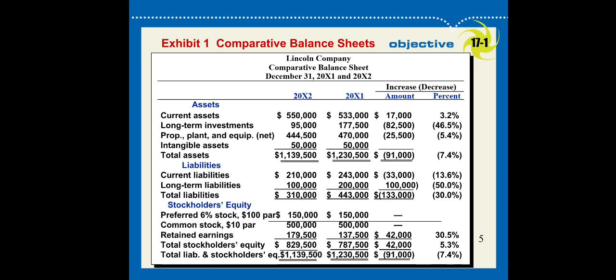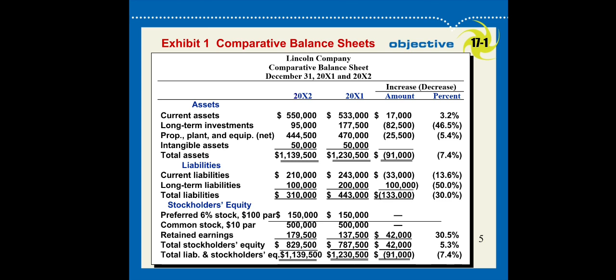The decrement in liabilities is 30%. The decrement in asset is only 7.4%. So now after we analyze using this horizontal analysis, we can say that the business is getting better or not getting worse, because the decrement in liabilities is higher compared to the decrement in the asset.